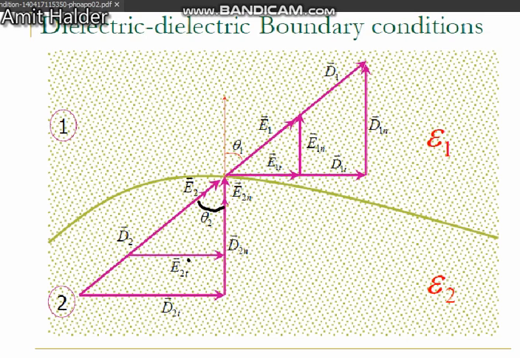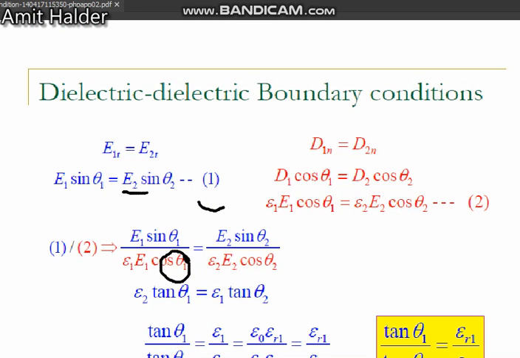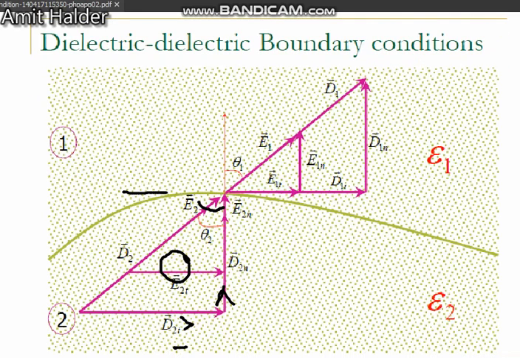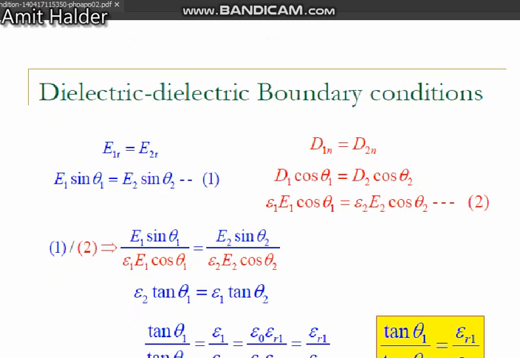So e2t is equal to e2 sin theta 2, the sinusoidal component. That will be the cosinusoidal component. So d2n is equal to d2 cos theta 2.